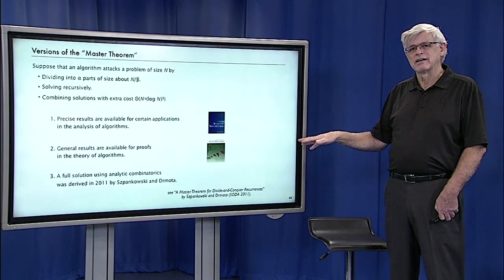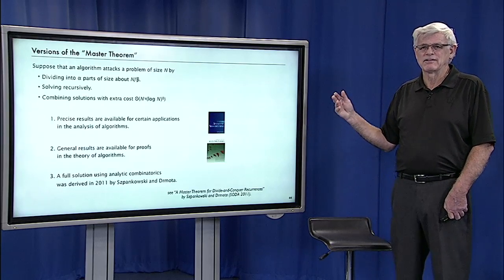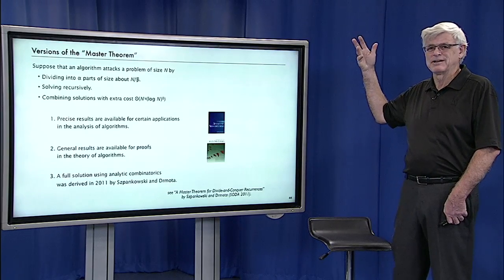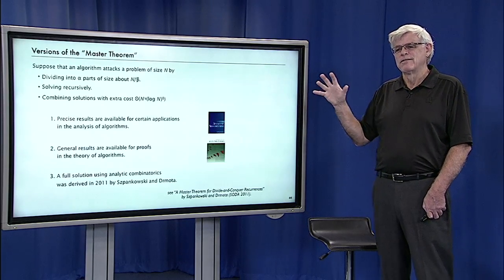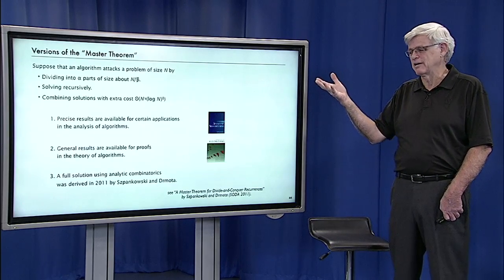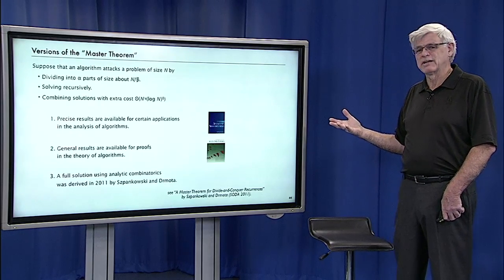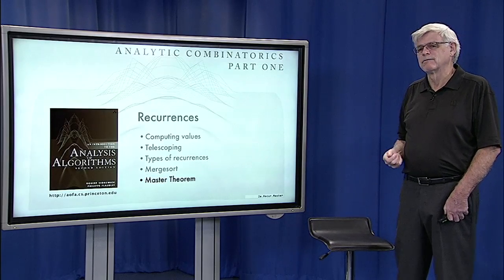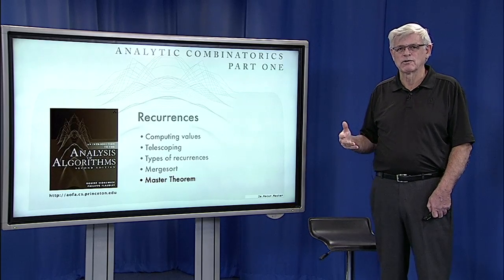Really appreciating how and why this solution works is going to require everything that we cover in analytic combinatorics, including part 2. But people will have some idea of how the mathematics manages to model what actually happens in the computer algorithm. And this is really an important contribution of analytic combinatorics. So that's the master theorem for studying divide and conquer algorithms, and that completes our study of recurrence relations.